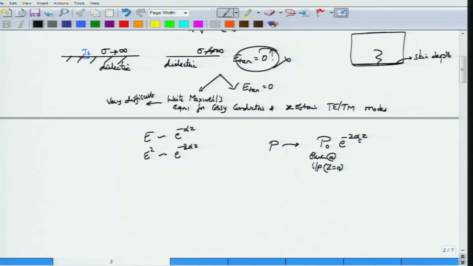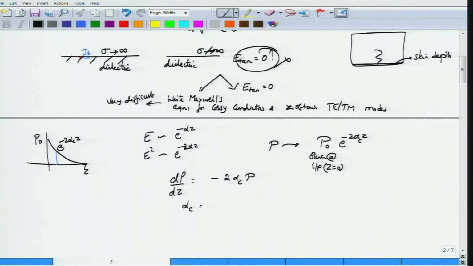So the power goes as e to the power minus 2 alpha c z from the starting value of P0 along the z direction. Now we find out how quickly the power is varying: dP by dz, the rate at which power is decaying inside the waveguide, is equal to minus 2 alpha c times P.